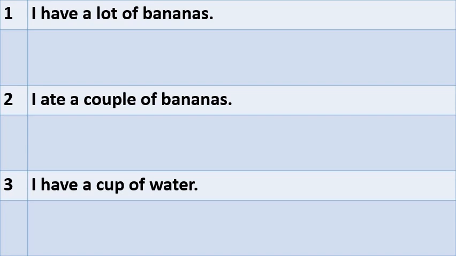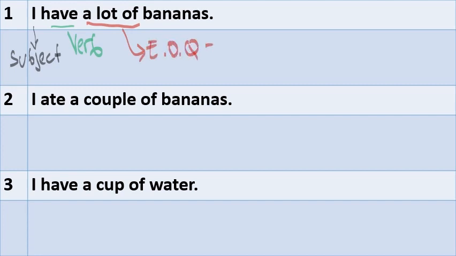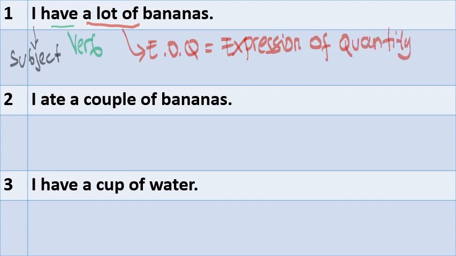Number one, I have a lot of bananas. I is the subject, have is the verb, a lot of is the EOQ or expression of quantity, and bananas is the noun.